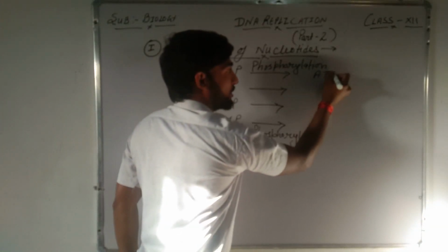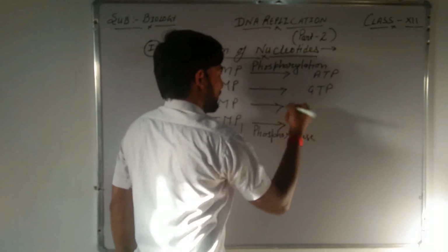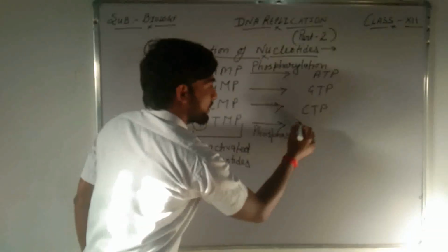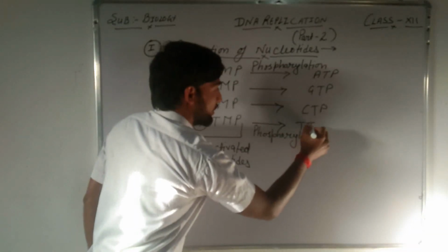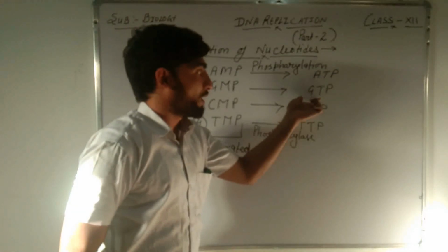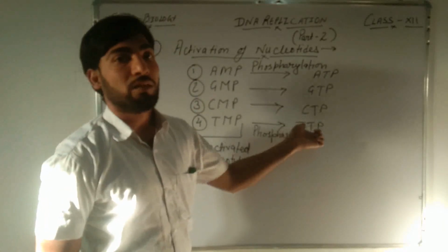So AMP converts into ATP, GMP converts into GTP, CMP converts into CTP, and TMP converts into TTP, that is adenosine triphosphate, guanosine triphosphate, cytidine triphosphate, and thymidine triphosphate.